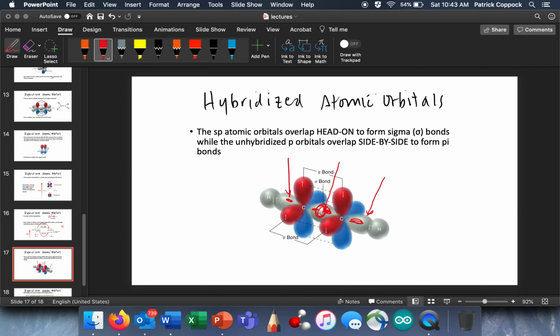Can you see that? It's difficult to see. Yeah, there's the arrow right there. I overwrote it. Let me get rid of that. Can you see that this sigma bond is pointing down to this end-to-end overlap right there? And these reds are going to overlap side to side to make a pi bond. And can you see that there's going to be another pi bond that goes this way?